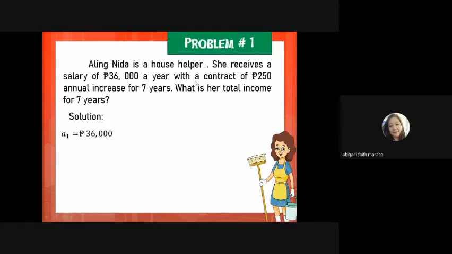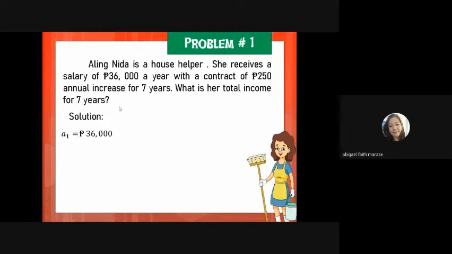Now, on the problem, it is stated that Alinida will receive an increase of 250 pesos each year for 7 years. So the word increase indicates that we will be adding 250 pesos each year.